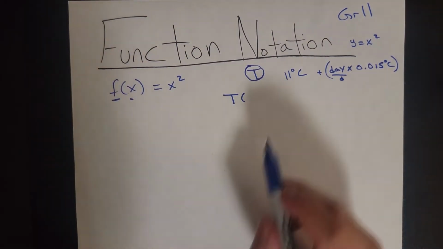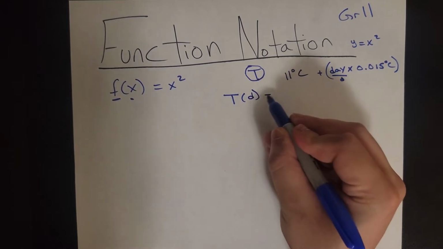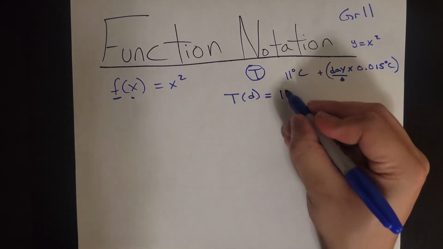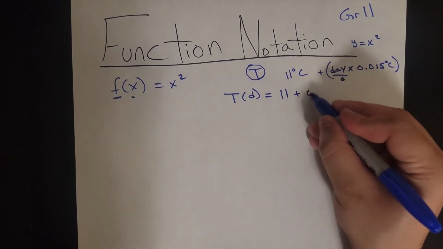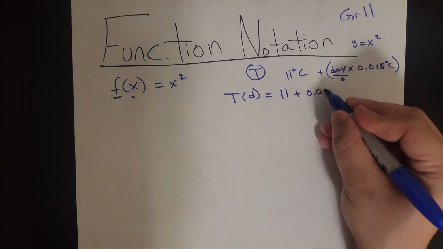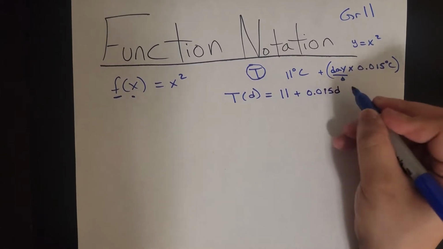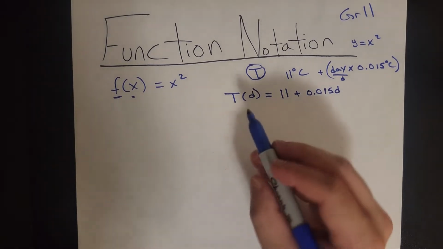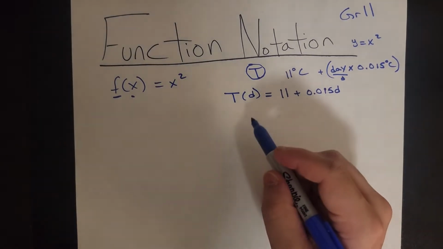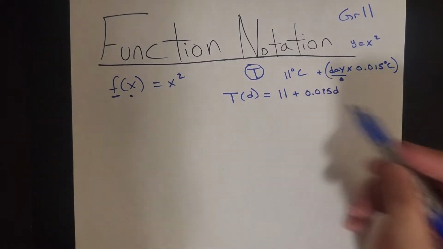So we're going to write t of d is equal to 11 plus 0.015 d. And now we say, like, where t represents the temperature in degrees Celsius and d represents the number of days that has passed by.